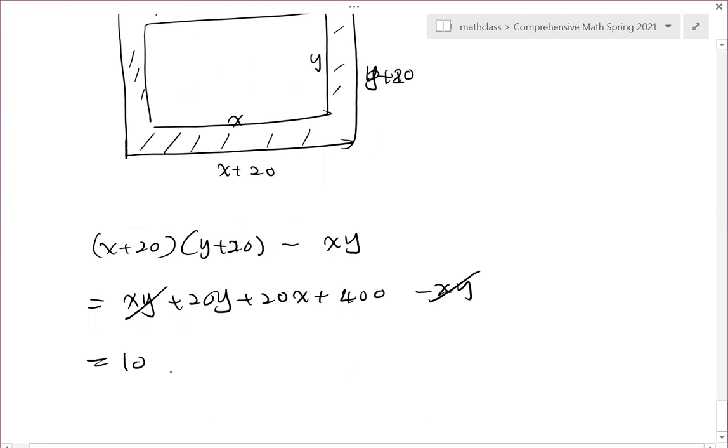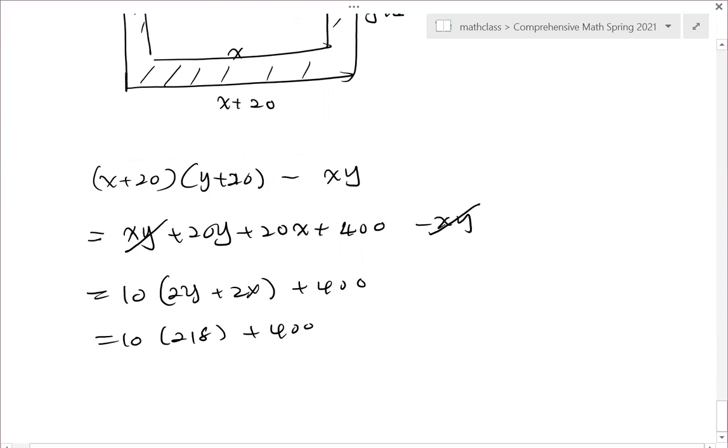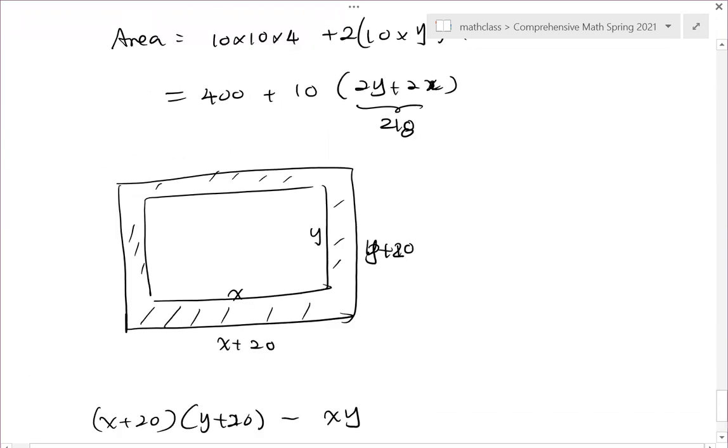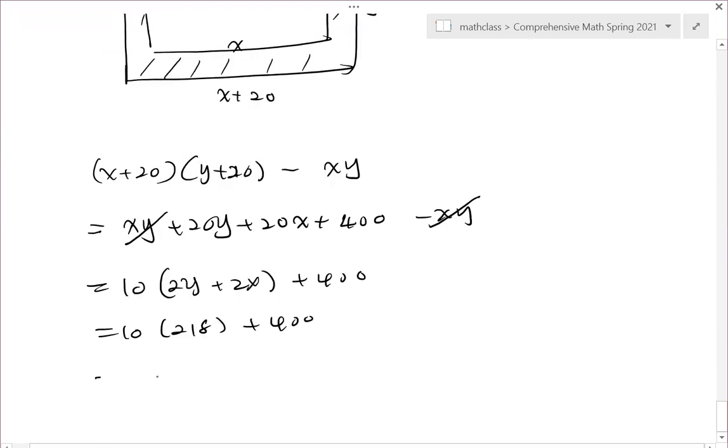It's 10, 2y and 2x plus 400, and 2y plus 2x is 218. So it's 2,180 plus 400. It's 2,580.